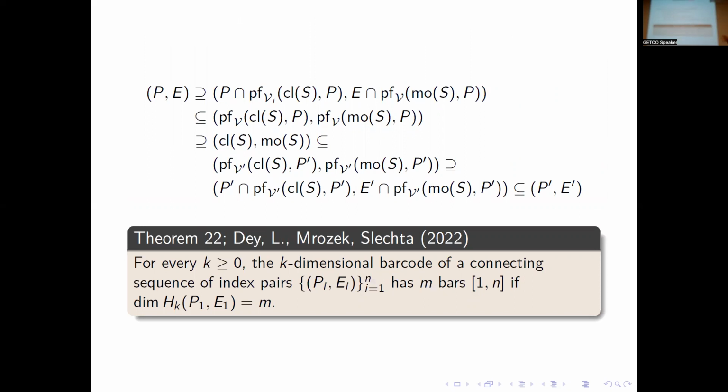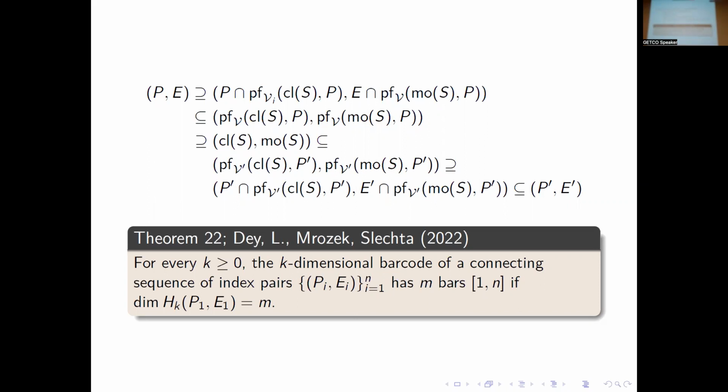So we are able to connect two index pairs with a sequence of isomorphisms. So we know that generators from the index pair are translated into the corresponding generators of the second index pair.